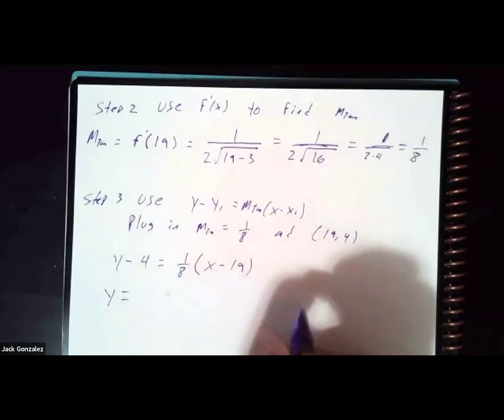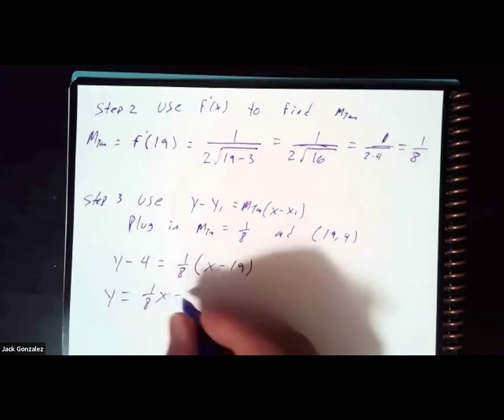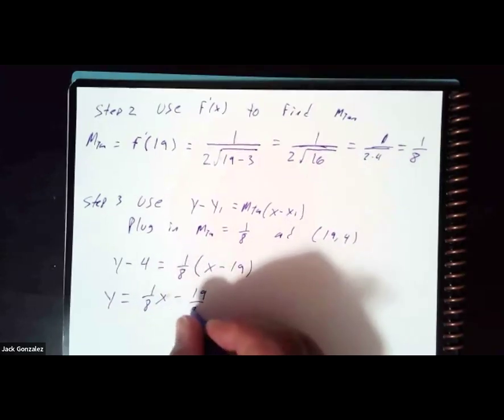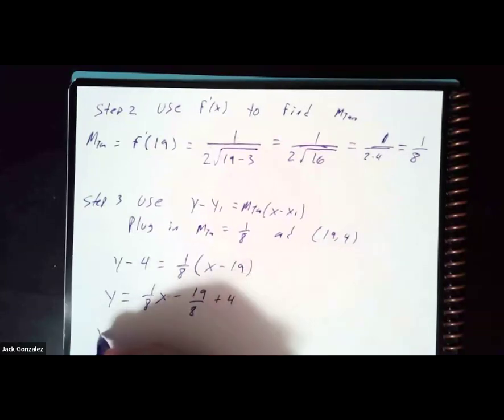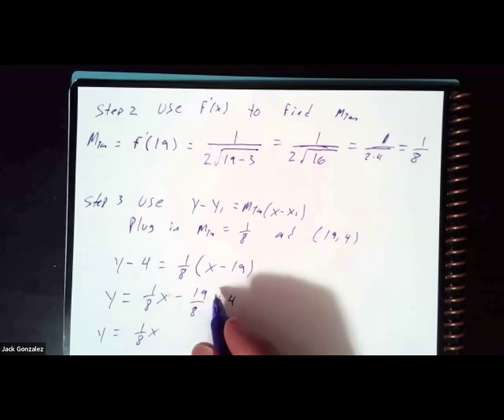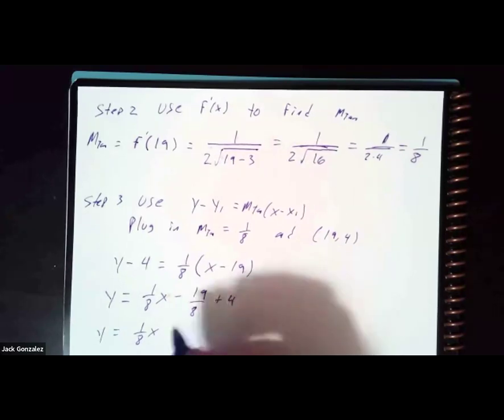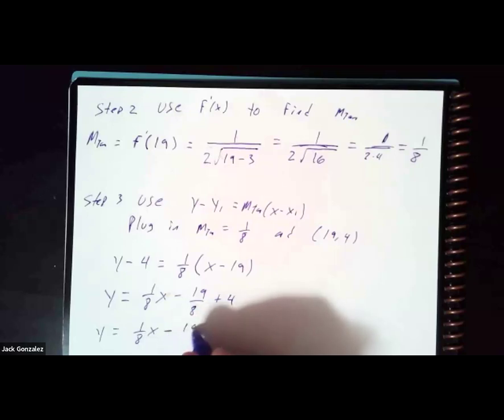Distribute your 1/8, add the 4 over, you'll have 1/8 x minus 19 over 8 plus 4. Negative 19/8 plus 4, that would be what?